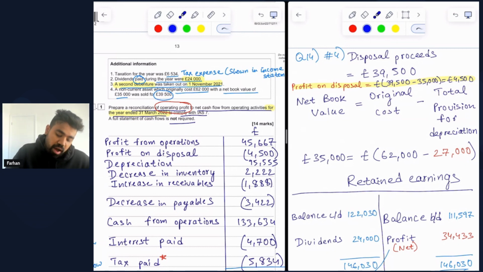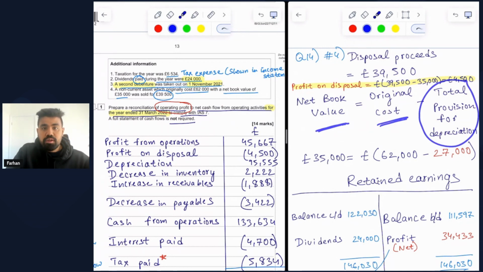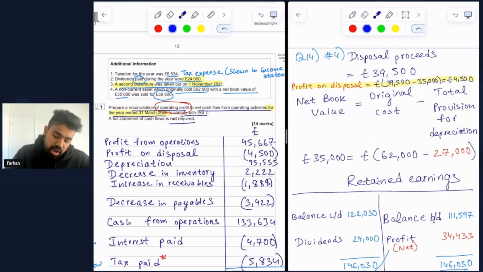We have been provided with the net book value and we have been provided with the original cost. Now, if you want to find the net book value for the asset or any asset, you start with the original cost and then you subtract the total provision for depreciation or the total accumulated depreciation that that asset would have. Now, the net book value is given to us as £35,000.